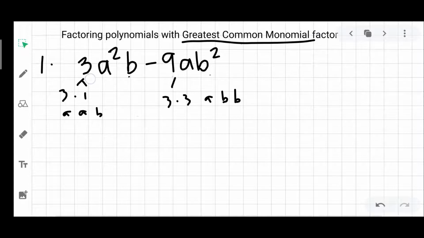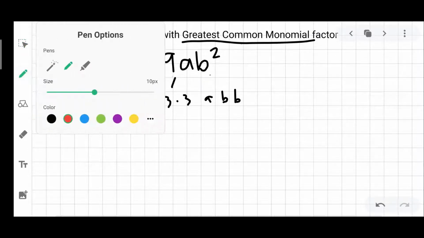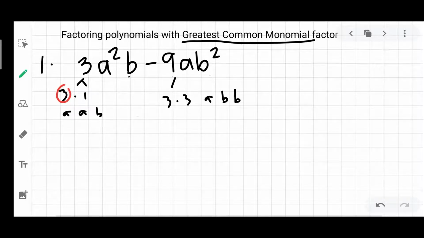Okay, so we're gonna encircle it. Parehas silang may 3. Another is, parehas silang may isang a, and then isang b. So you might be wondering, bakit hindi ko binilugan yung a dito? Kasi wala siyang a dito. Should be common. Dapat meron dito na meron dito.